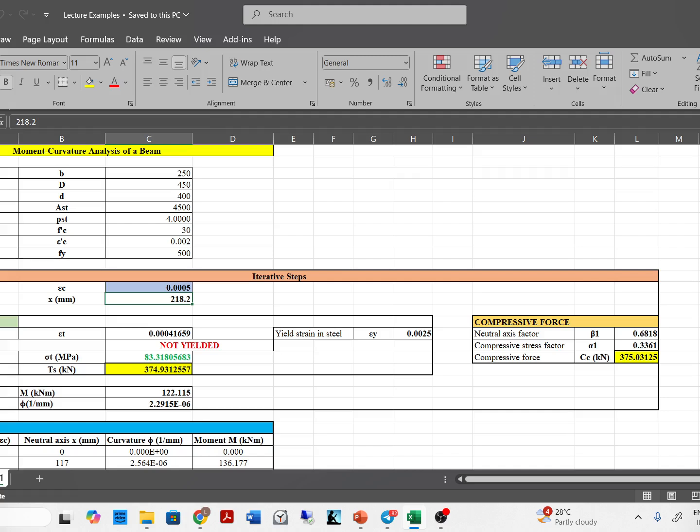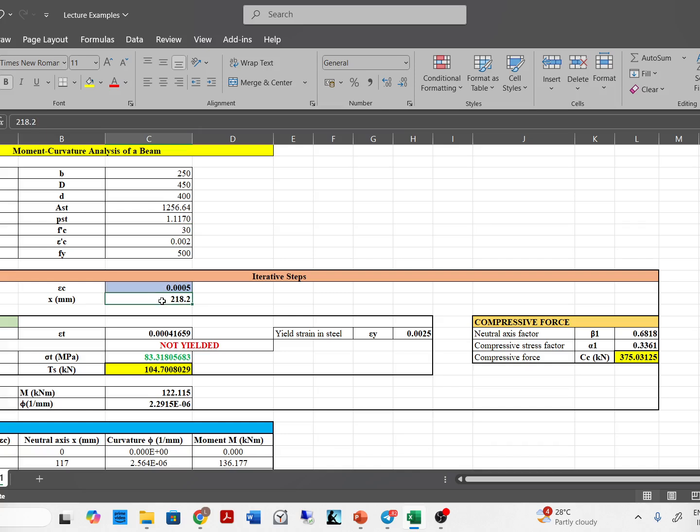Okay, let us just check over here. So B is 250 millimeter, D is 450, and the effective depth is 400 millimeter. AST is 1256.64, right? And it will automatically calculate the percentage of the steel reinforcement, and the compressive strength of concrete is 30 MPa, right? And 0.005.